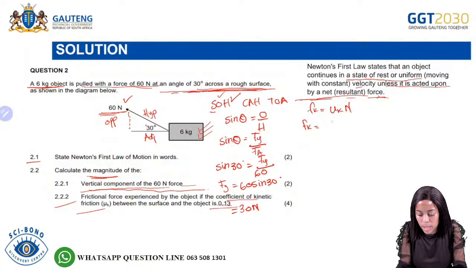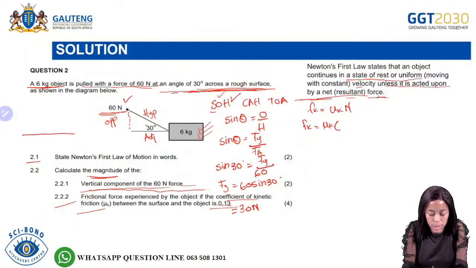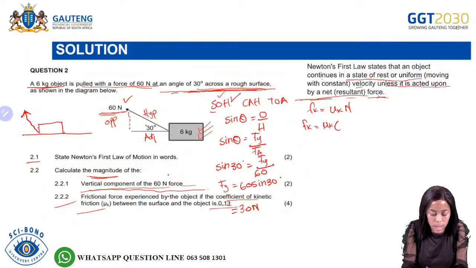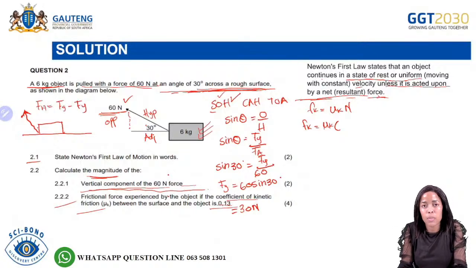So from there, what are you going to do? Fk is equals to mu k multiplied by the normal force. Because this one is a pulling force, so remember we have a pulling force, and then we also have a pushing force. Because this one is a pulling force, then we need to represent the normal force in this way. It's going to be Fg minus your Fy.